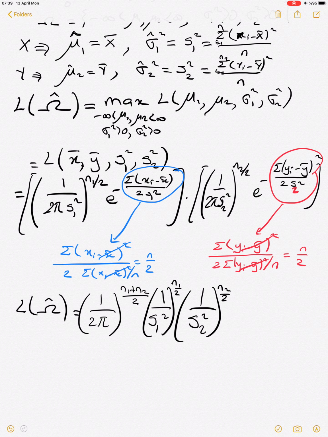And also we have e to the minus, we have n1 over 2 term here and n2 over 2 term here. When we combine it, we will have e to the minus n over 2. So we obtained the denominator part. This will be the denominator part.